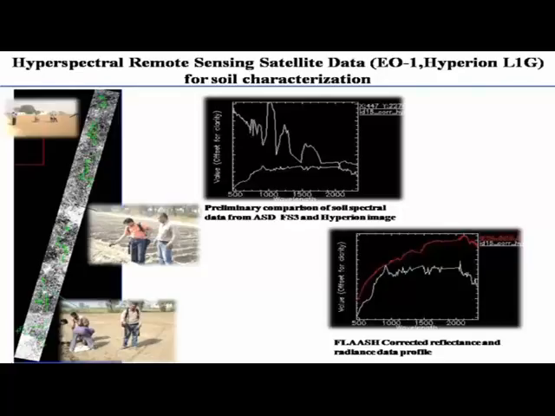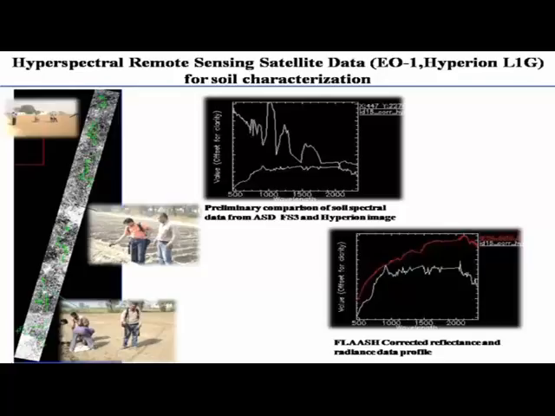But after corrections, after running FLAASH, which the speakers might have told in detail, when you look at the spectra of the same pixel in the FieldSpec data, like the spectrometer, and in case of Hyperion, they are almost the same pattern, with only variations in the spectral values.